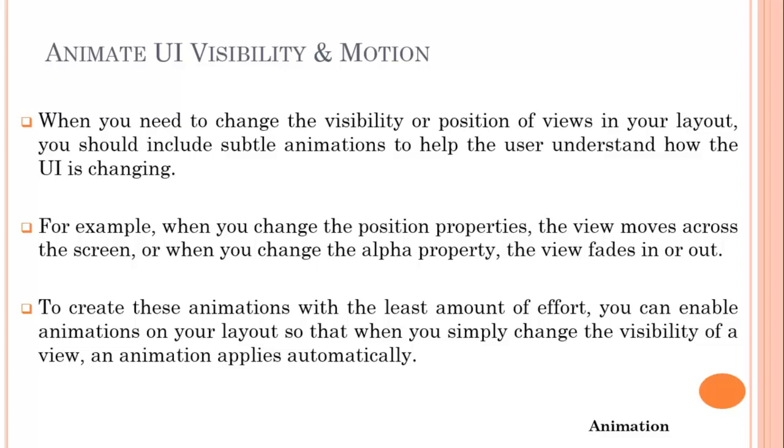For example, when you change the position properties, the view moves across the screen, or when you change the alpha property, the view fades in or out. To create these types of animations with the least amount of effort, you have to enable the animations on your layout so that whenever you simply change the visibility of a view, an animation applies automatically.